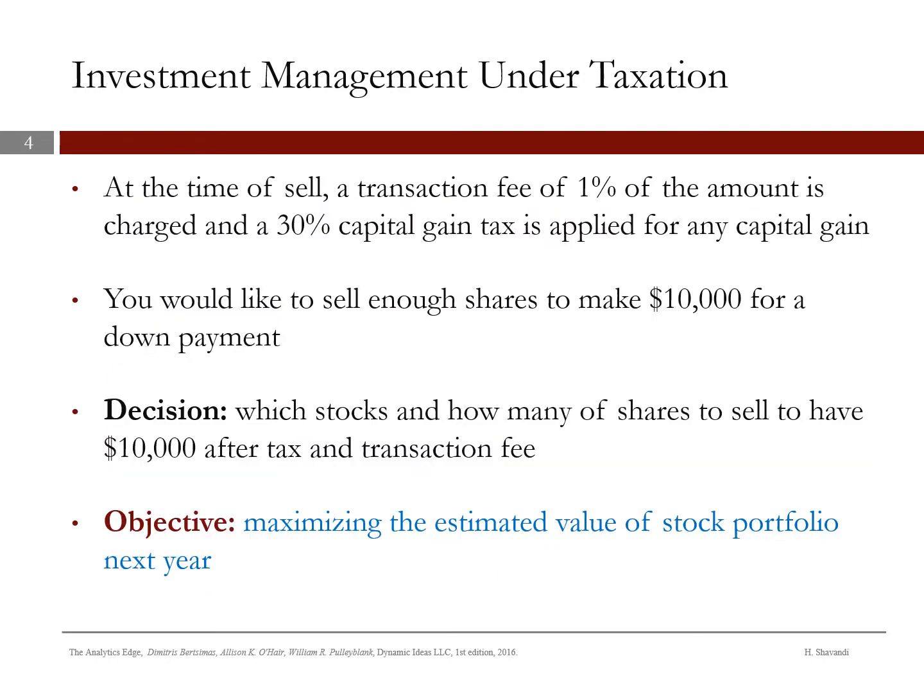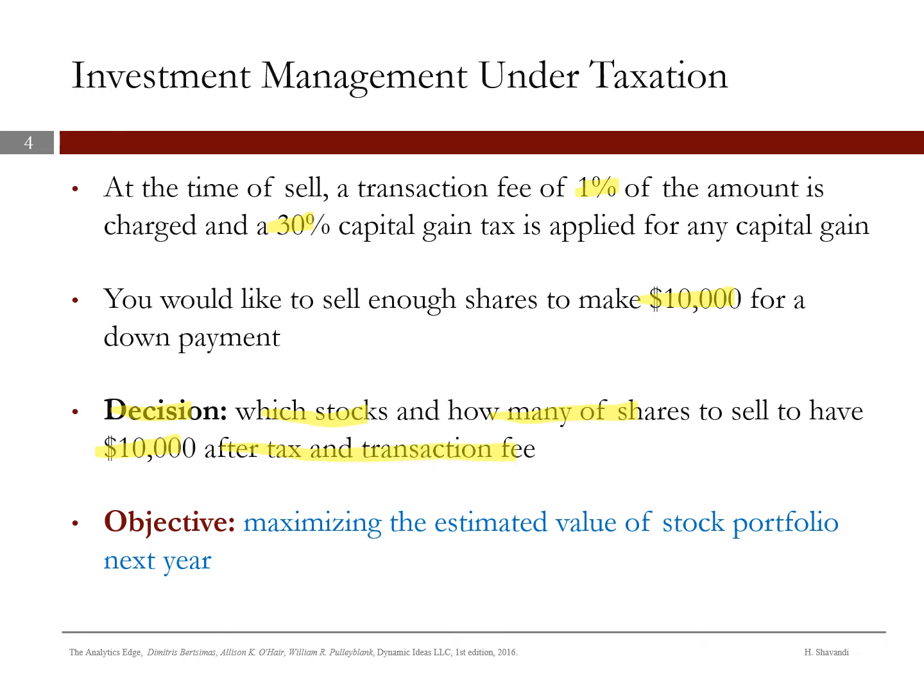Any time that we want to sell a part of a stock, a transaction fee of 30% of the amount is charged, and also a 30% capital gain tax is applied for any capital gain. Okay, and we would like to sell enough shares to make $10,000 for a down payment. So our decision is which stocks and how many shares to sell to have the $10,000 after tax and transaction fee.